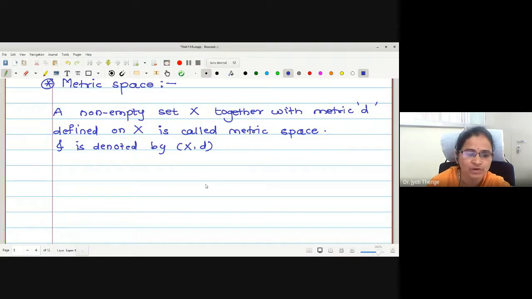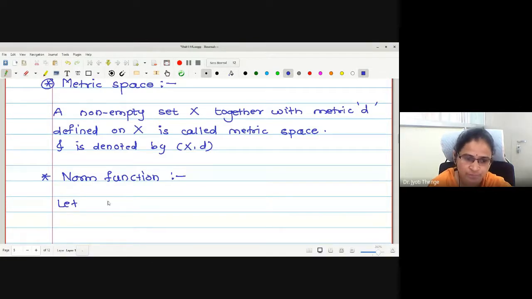Now we will go towards the next definition, the normed linear space. Before that, we should see what is a norm function. All of you are familiar with the norm function already.